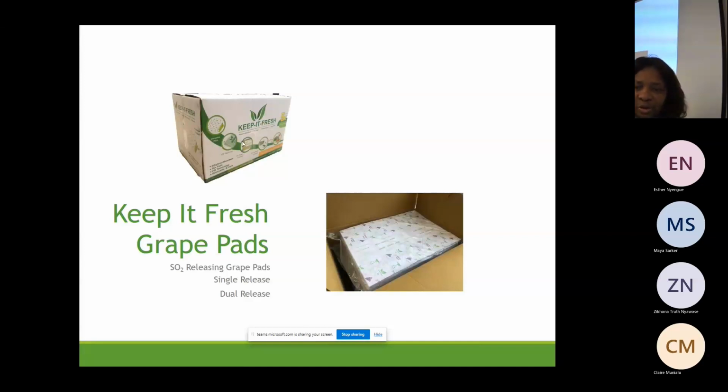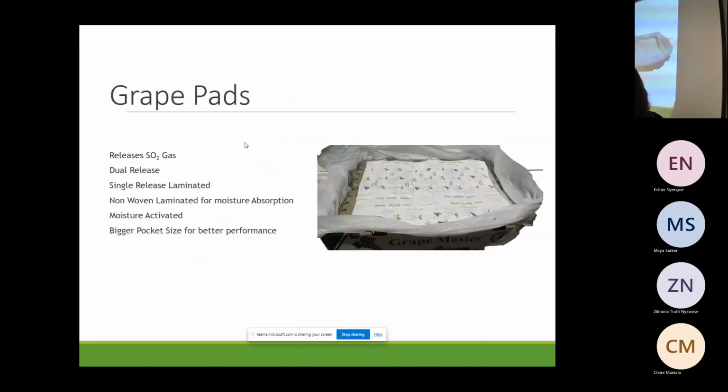And then you also have got the Keep It Fresh grape pads. They're just pads that are actually put in between. You can also have sulfur dioxide releasing grape pads. They're either single release or dual release. So they release sulfur dioxide gas, and the dual release or single release, they are laminated and then woven in between for moisture absorption, and then the moisture activates it, and there is a bigger pocket size for better performance.